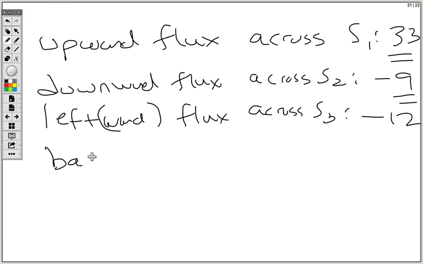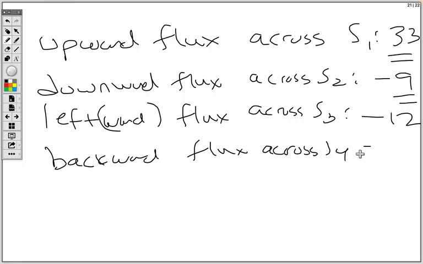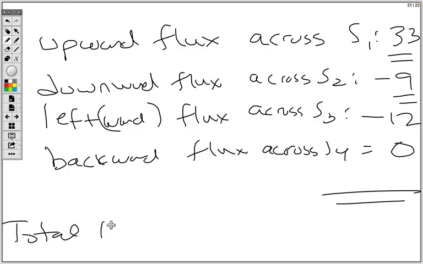And then the backward flux across S4 is 0. So you add all those up, and you get the total flux is what? You got things coming out across S1, but then you got stuff coming in from S2 and S3.